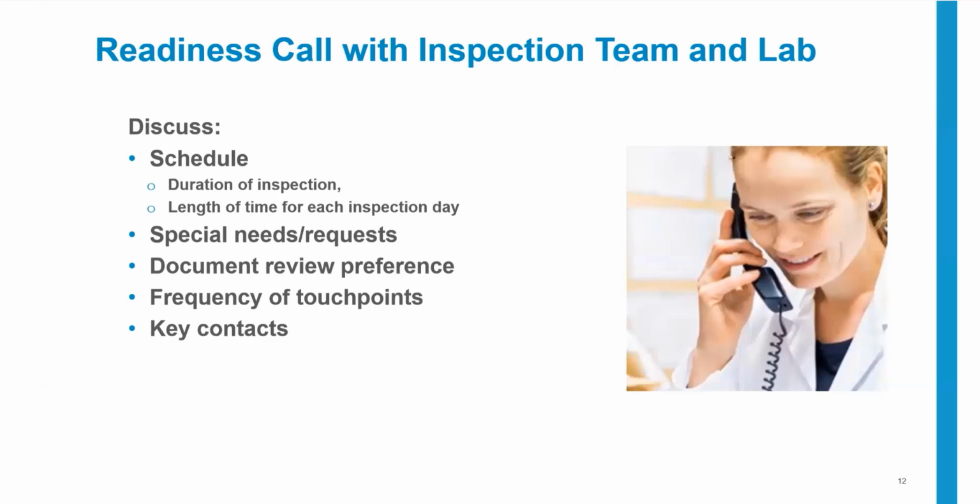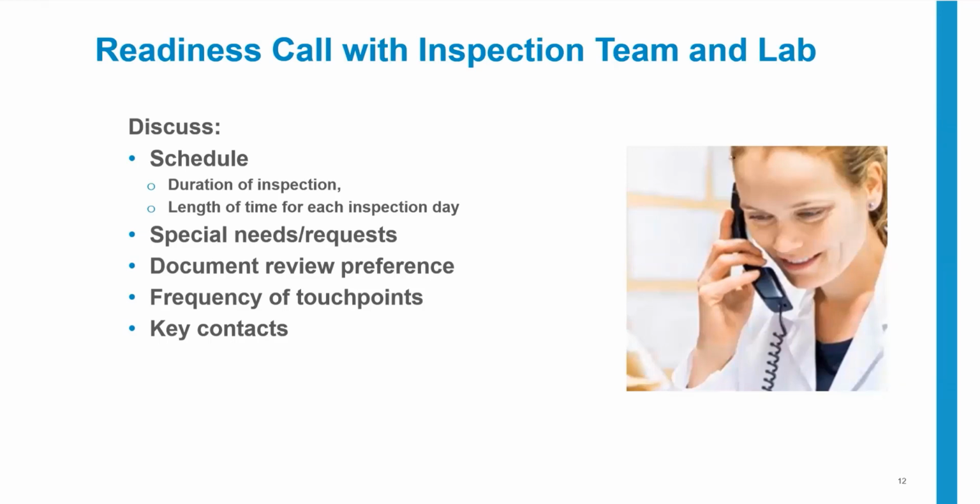What timing and frequency of touch points between the team and the lab is appropriate so that everyone is on the same page and there are established times to get additional information if needed? This is in addition to the scheduled blocks of time for working with the staff in each individual department.